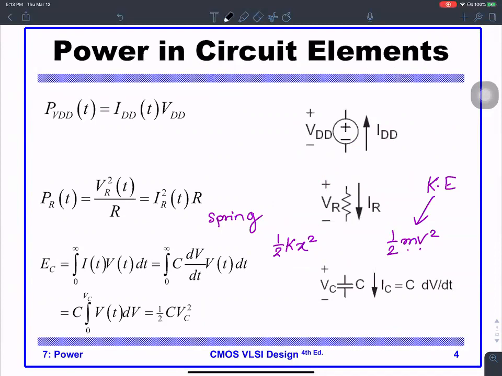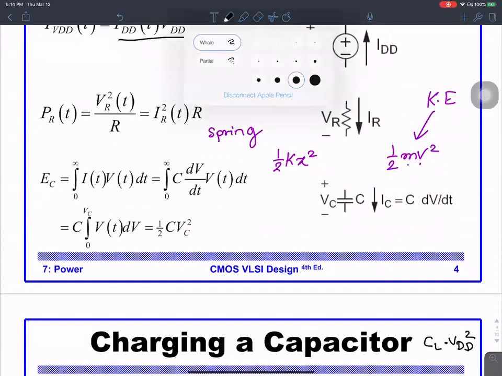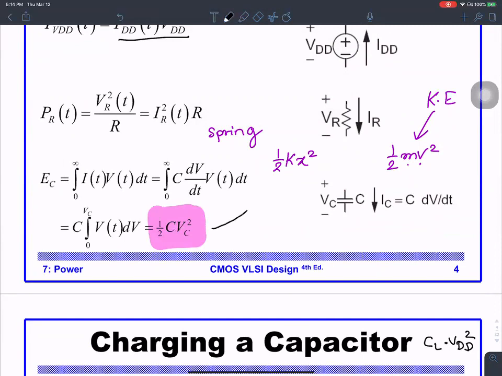What is the amount of power supplied by a voltage source? What is the power dissipated in a resistance? And of course, what is the energy stored in a capacitance? The energy stored in the capacitance takes the form of half CV squared. And I talked about this half kx squared or half mv squared form that is very familiar: the kinetic energy of a moving body, or the energy stored in a spring.